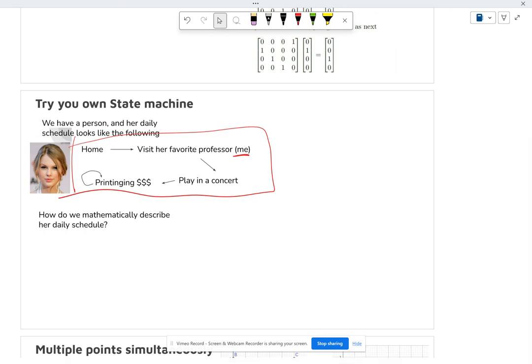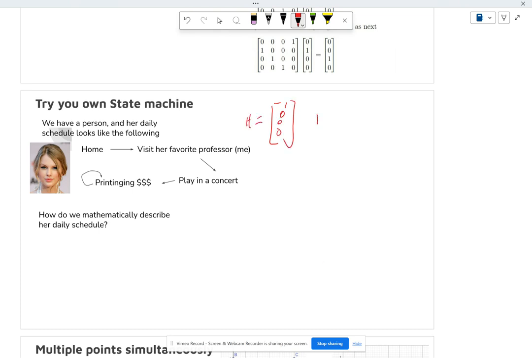Okay, I hope you paused the video because we're going to try to do it together. So let's say we have home, which is 1000. So that's home, and then visit is 0100, and then play is 0010, and printing money is equal to 0001.